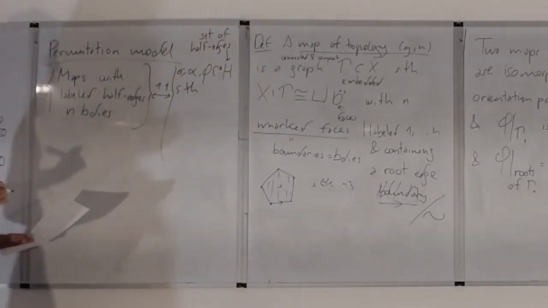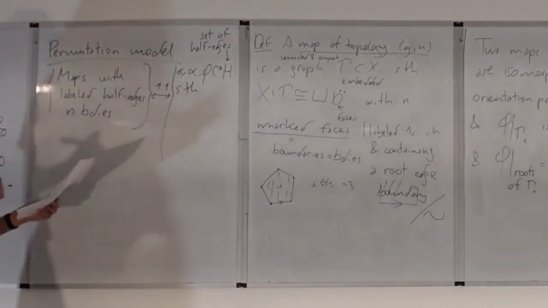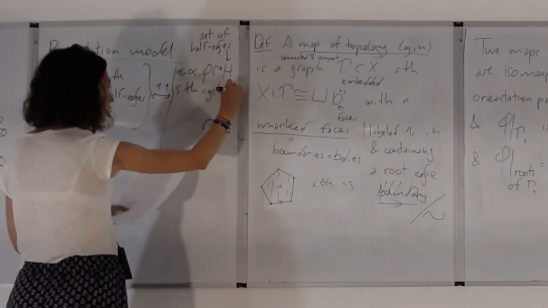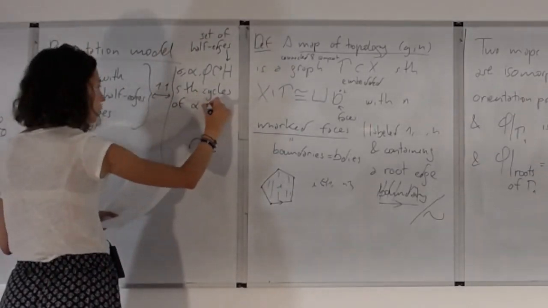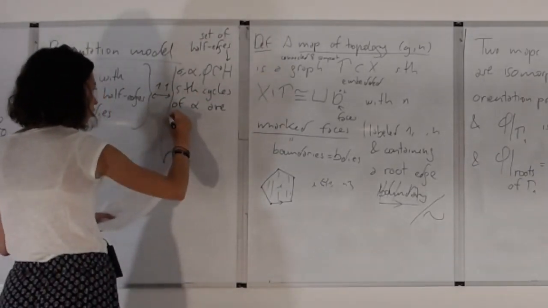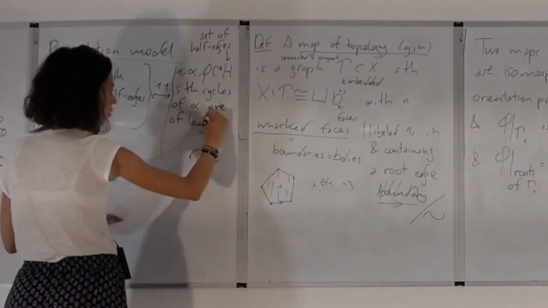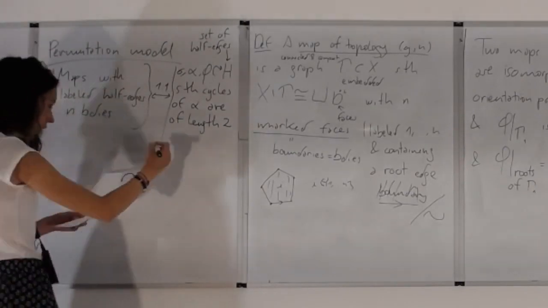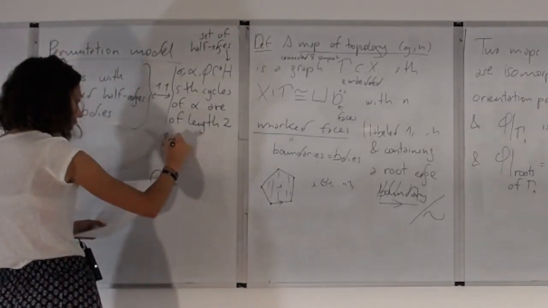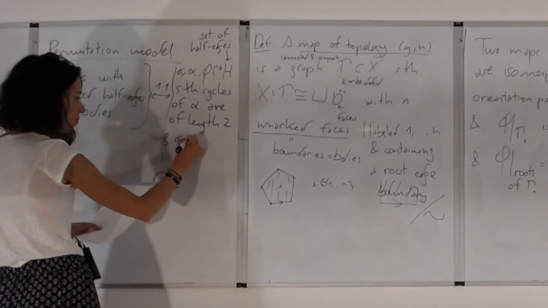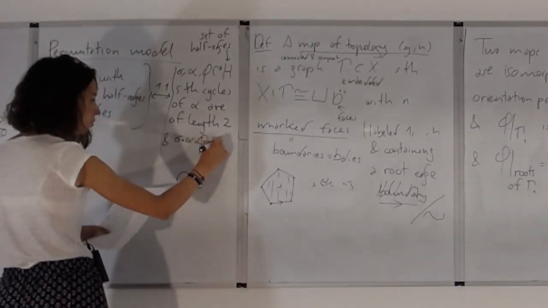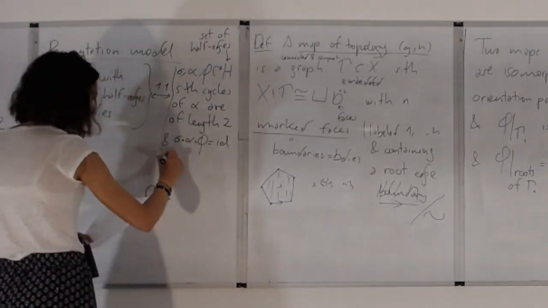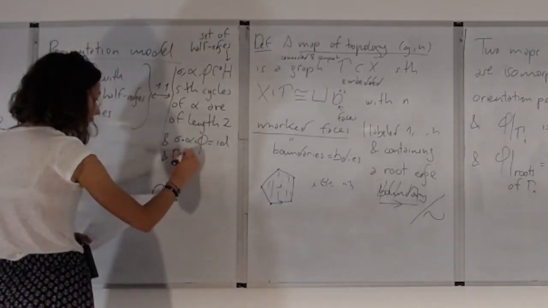And then we impose that the cycle type of alpha, the cycles of alpha, are all of length 2. You will see why when I explain the correspondence, if you're not already seeing it. And then we also want that these three permutations, when you multiply them, give you the identity permutation. And that you have n special half edges.